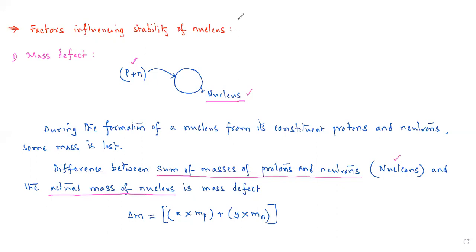So this gives us the sum of the masses of protons and neutrons. X is the number of protons, Y is the number of neutrons. Then minus the actual mass of the nucleus.